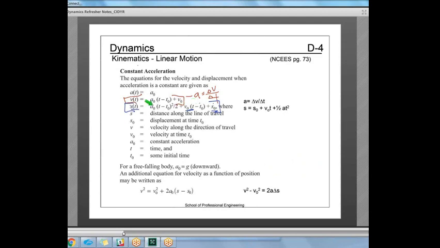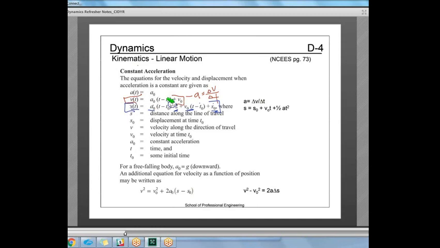We've got S equals S naught, the S naught's all the way here at the end, V naught T minus T naught, if you don't want to call T naught 0, you could include that, plus 1/2 AT squared. So there's the sort of half, there's the A, and there's the squared.